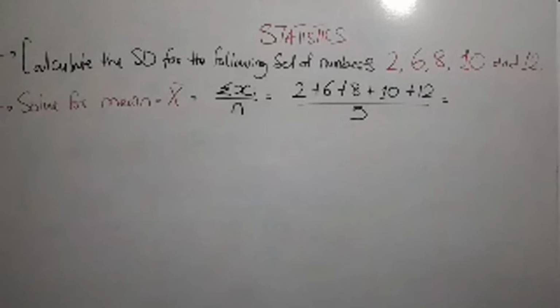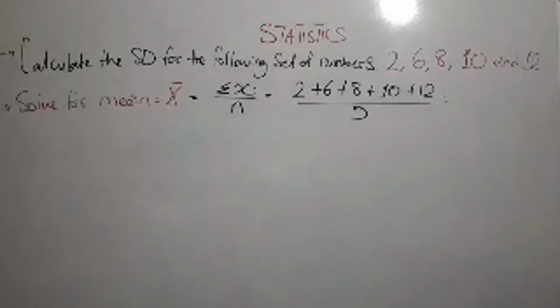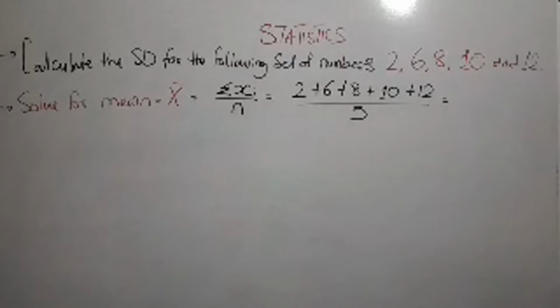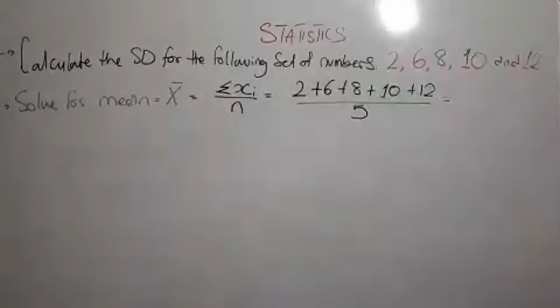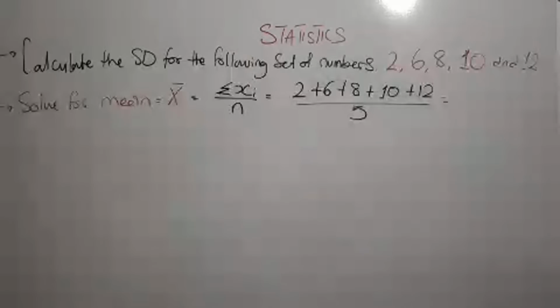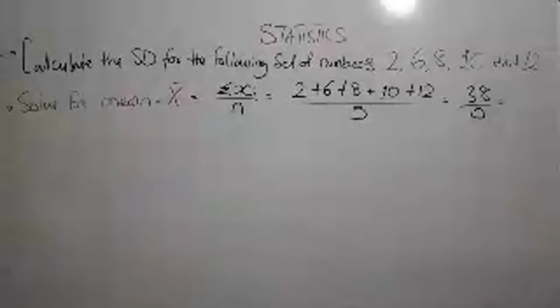What's our answer? I'm waiting for us to give an answer to that. I will also get my calculator so we can all be on the same page. Mrs. Regina said 38. The summation of all these is 38, divided by 5. Do we all agree with what Mrs. Regina said?